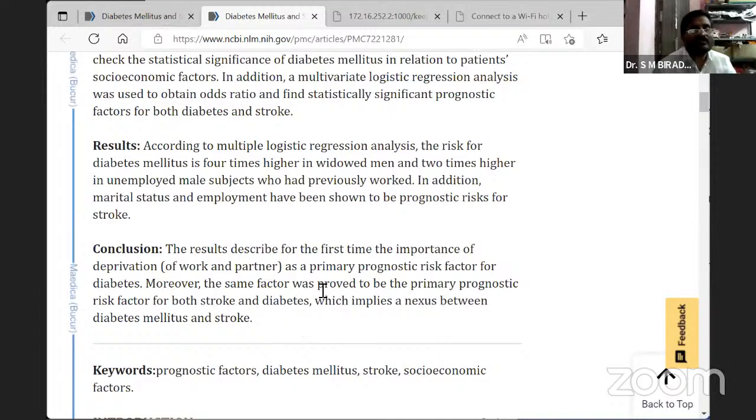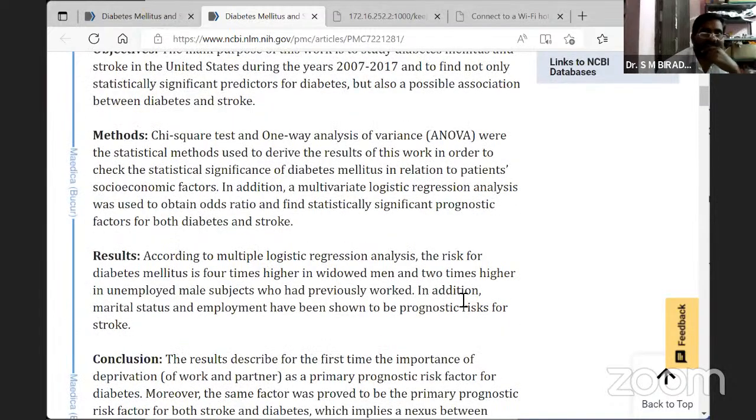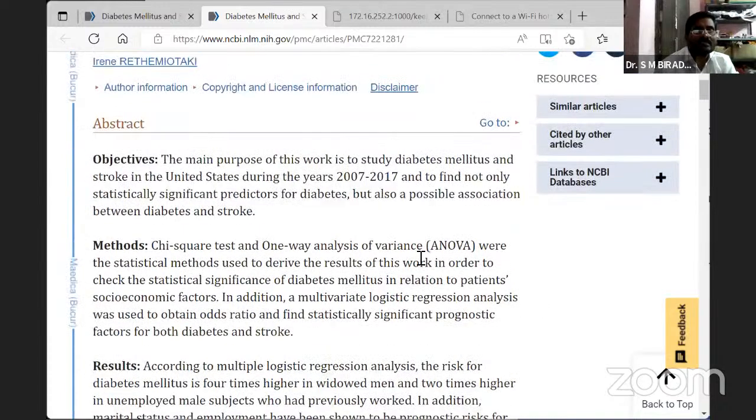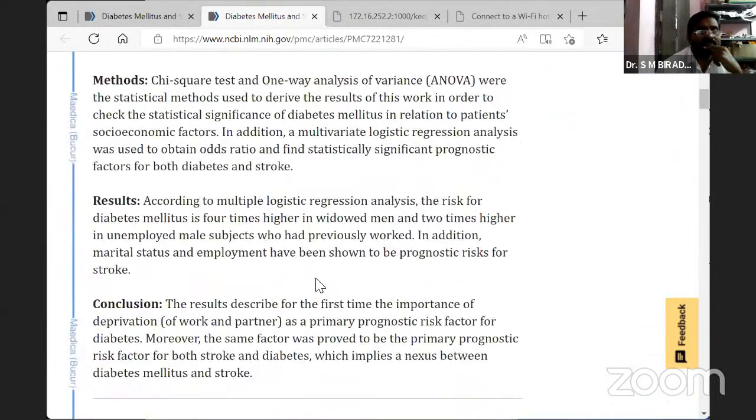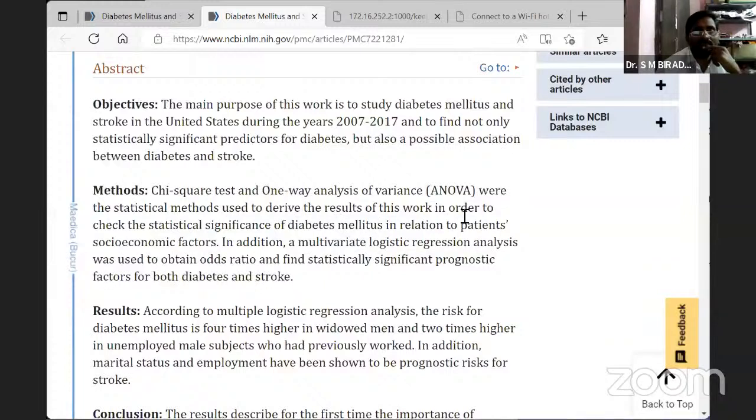If you go through it, I'll share my slides with you all afterwards. When you go to the full-length article, you come to know how it is responsible for developing diabetes in a patient.